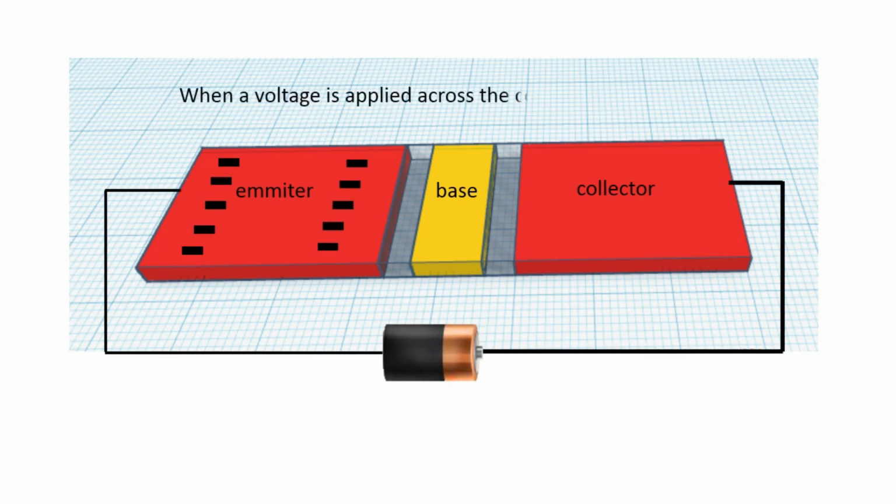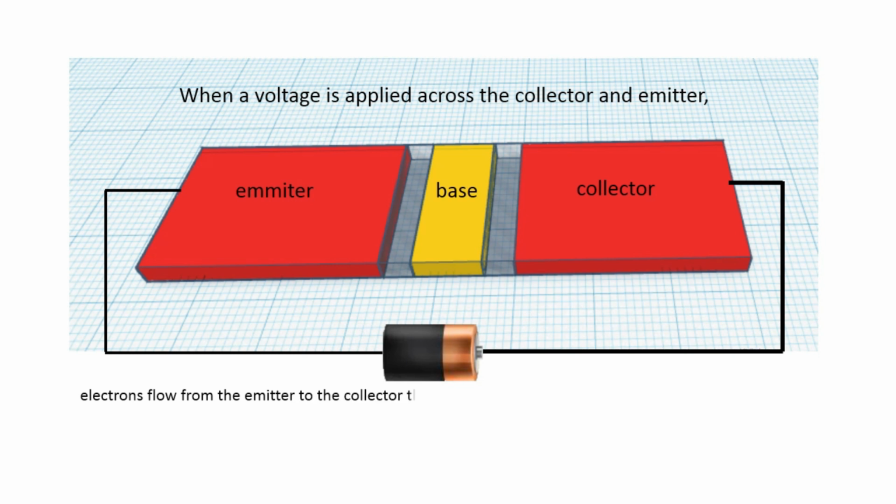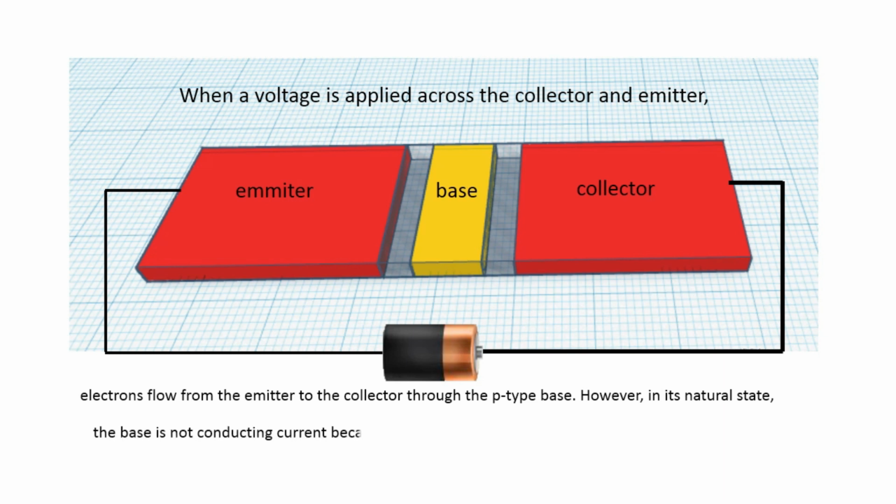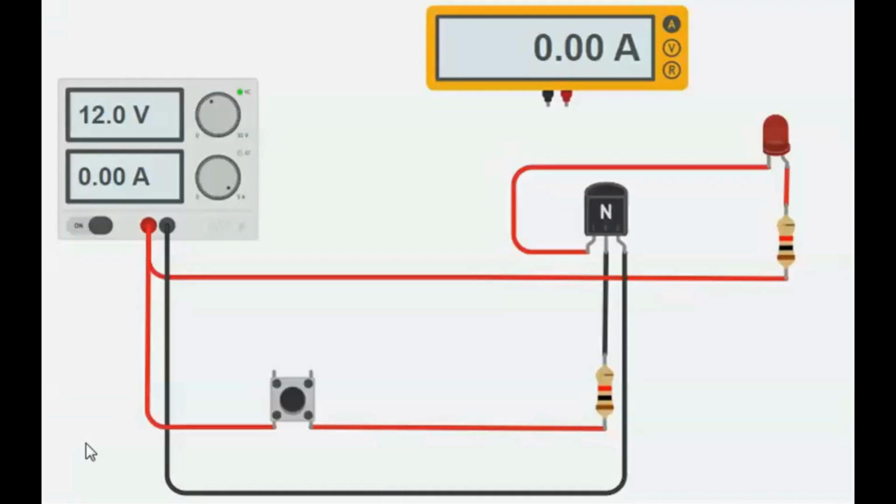When a voltage is applied across the collector and emitter, electrons flow from the emitter to the collector through the p-type base. However, in its natural state, the base is not conducting current because it has no free electrons or holes to carry the charge. Let's see in the circuits.